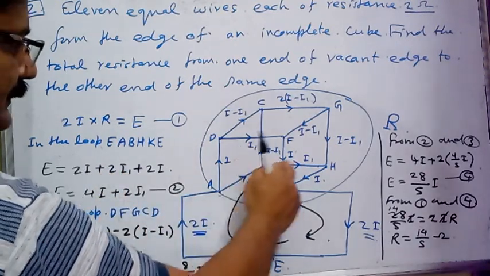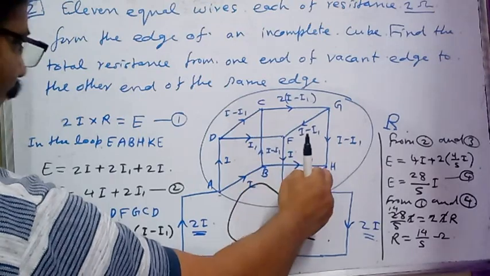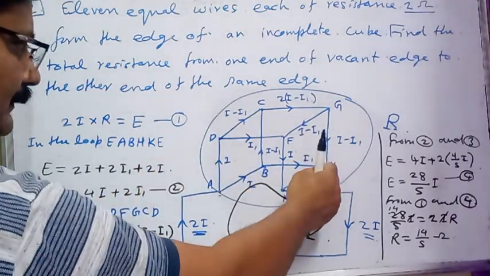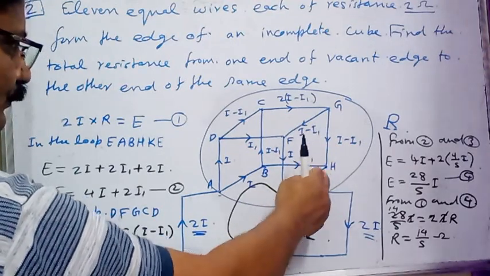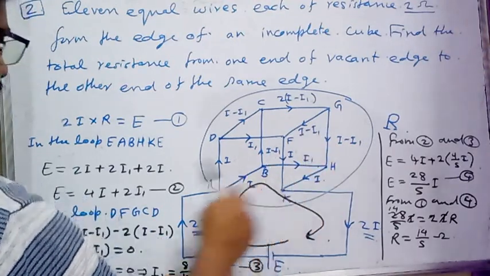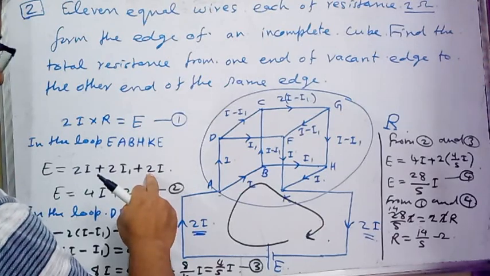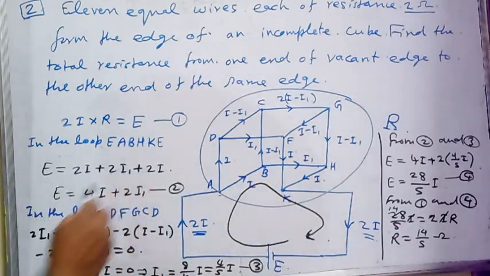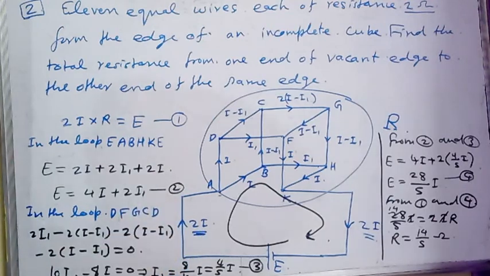I1 current is flowing through this resistance BH of 2 ohm, so 2I1, as we are moving in the direction of the current itself, and current I is again flowing through the 2 ohm resistance in the path HK, so 2 multiplied by current I. If you solve this equation you get the EMF of the cell: 4I plus 2I1 is equal to E. This is equation number 2.